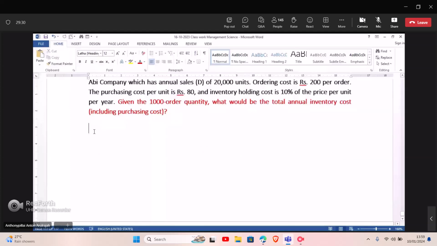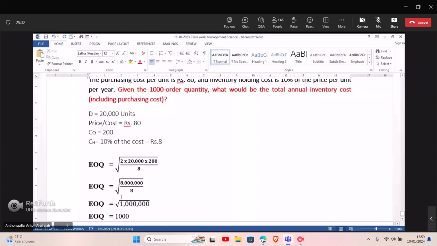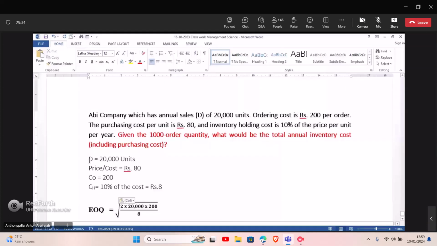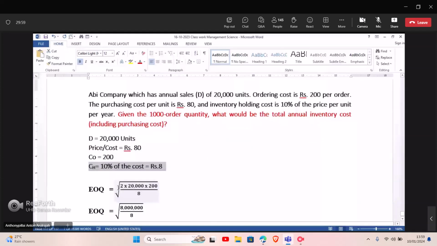Nothing else, we just have to note it down. Demand is 20,000. The price is 80. The CO is 200. And CH is 10%, so that is 8 rupees, 10 percent of 80. If you want, you can find EOQ, and then EOQ is 1,000.